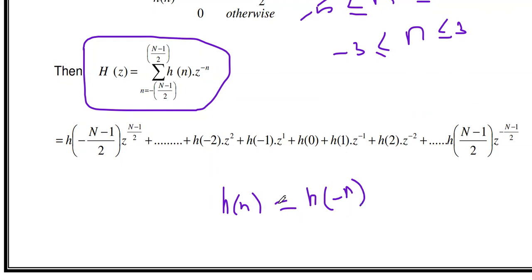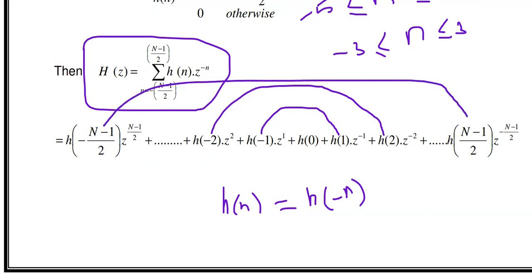So h of 1 and h of minus 1 are equal, h of 2 and h of minus 2 are equal. Except the center value h of 0, h of minus 1 and h of plus 1 are equal. Similarly h of minus 2 and h of plus 2 are equal, and h of minus N minus 1 by 2 and h of N minus 1 by 2 are equal.